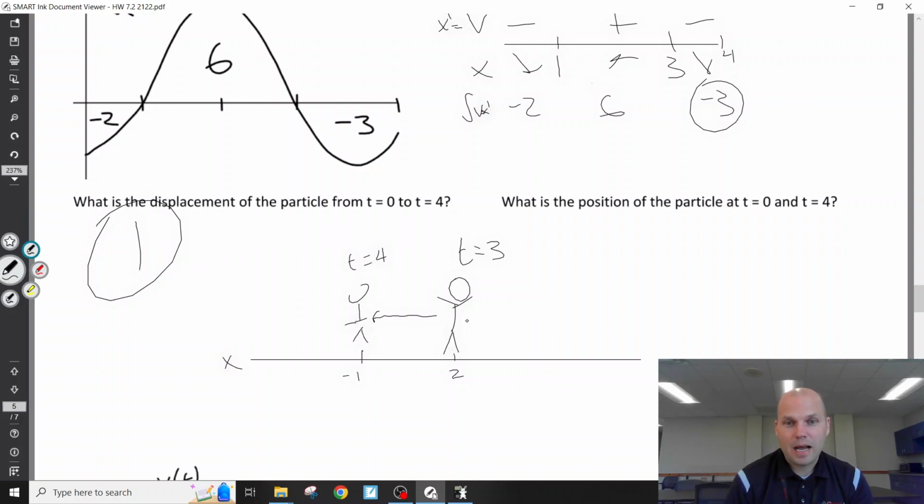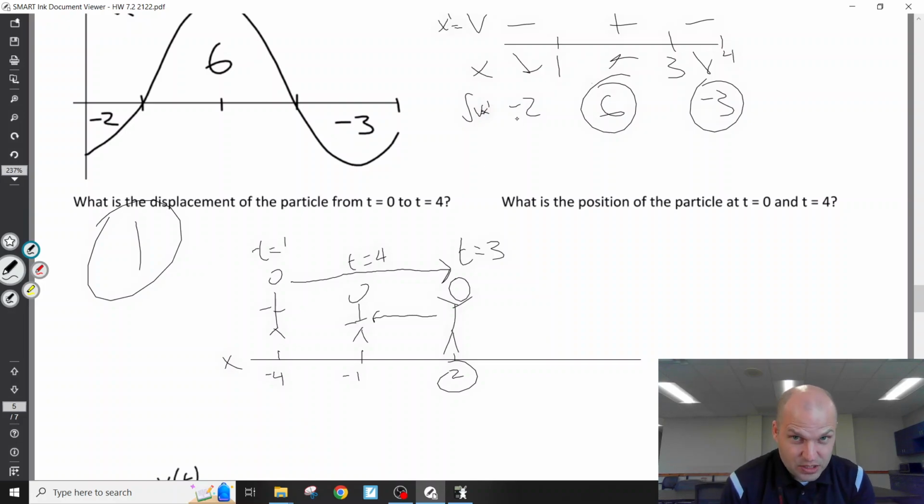But to get to my position of 2, I had to move 6 to the right between the first second and the third second. To get to this position of 2, I had to move 6 to the right, which means I must have come from a position of -4 at t equals 1.